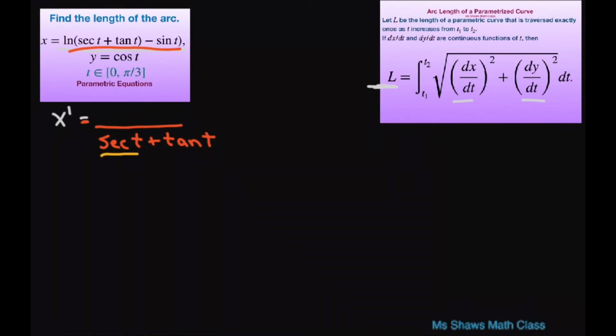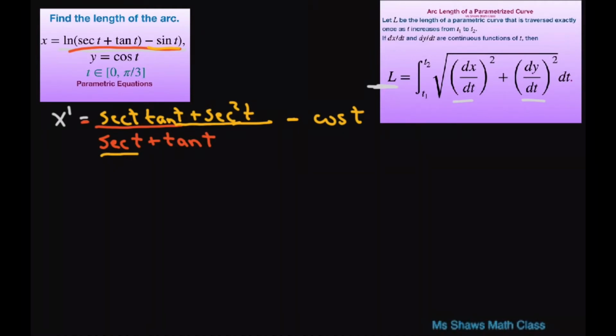So the derivative of secant of t is secant t times tan of t, and the derivative of tan of t is going to be secant squared. So that's going to be plus secant squared of t. And then for your sine, that's going to just be minus cosine of t for your derivative.